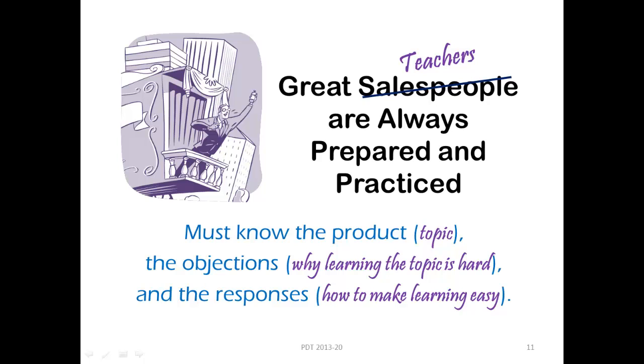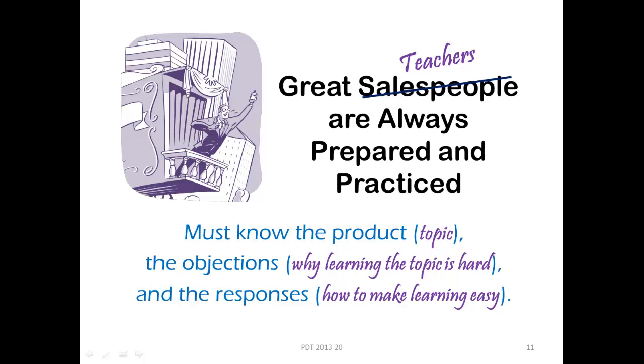Like teachers, salespeople spend a lot of time learning their product. However, their experience with people has taught them to take two additional steps. First, to consider what objections the client has to the sale, the reason they don't wish to purchase, and second, how to respond to those objections. By thinking through these two additional steps long before they're in front of a client, salespeople become much more effective.